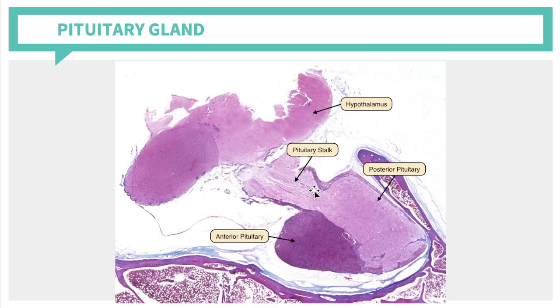The pituitary stalk connects your hypothalamus to your pituitary gland. And again, remember, your pituitary gland is divided into two: the anterior pituitary gland and the posterior pituitary gland. What bone is this? The sphenoid bone. This is your sella turcica of your sphenoid bone. Okay? Very good.